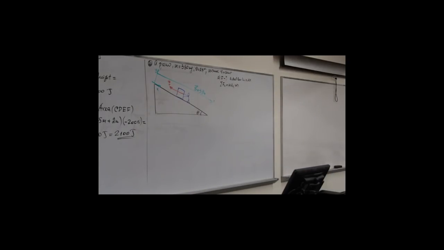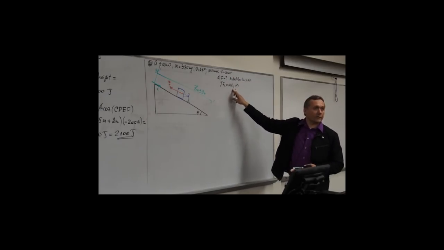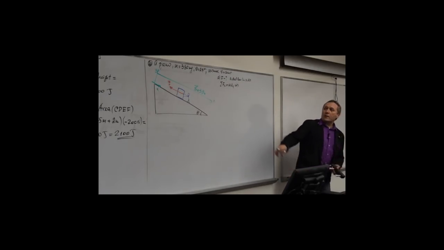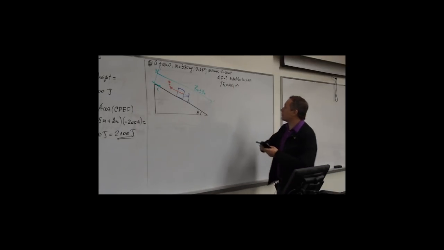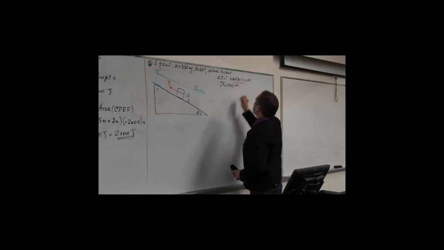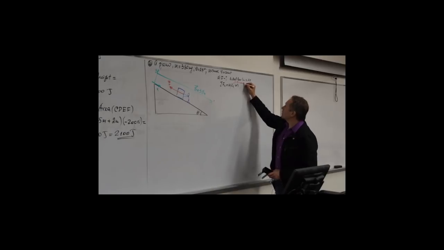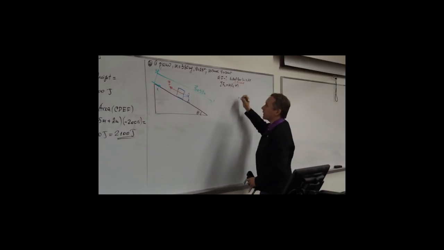What's the acceleration in the x direction? Zero. Velocity is constant. That's what this guy does, he takes care of that. So this is zero since v equals constant.